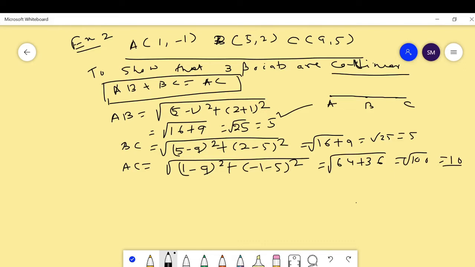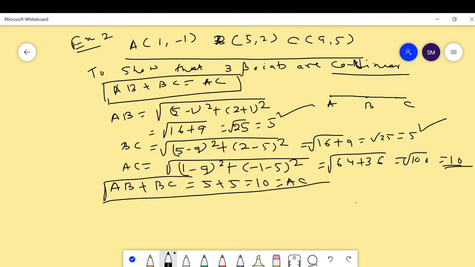Look here, AB is 5, BC is 5 and AC is 10. This means AB plus BC is equal to 5 plus 5, which equals 10, equal to AC. Then we come to the conclusion that AB plus BC equals AC.